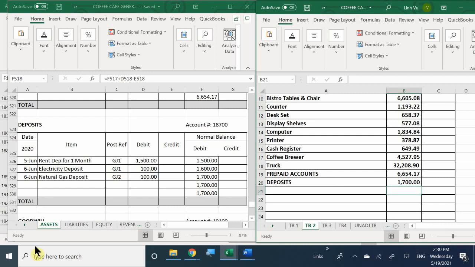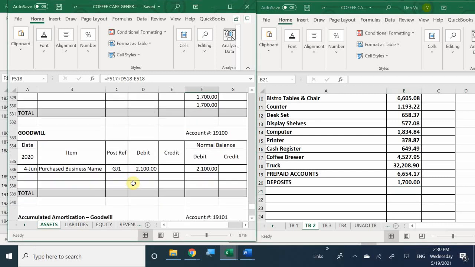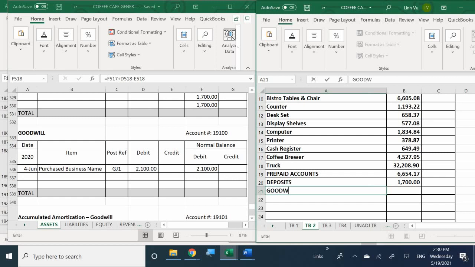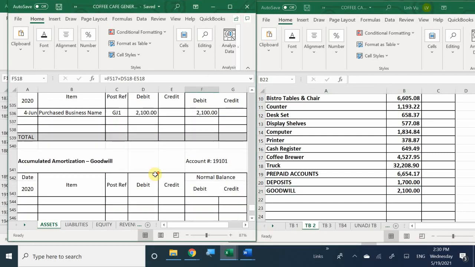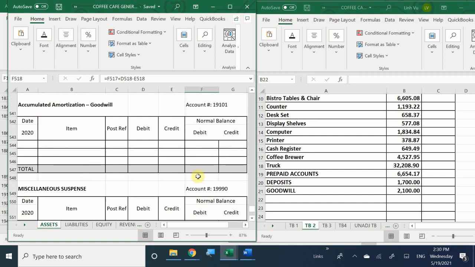My goodwill, the business name, was for 2,100 on the debit side. We will be looking at amortization at the end of the month.